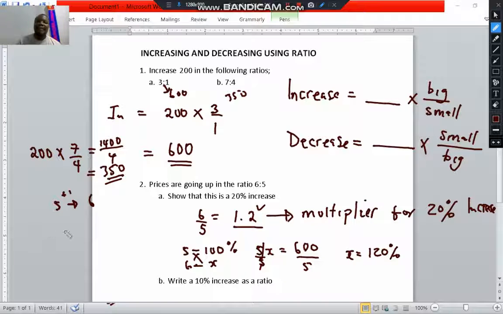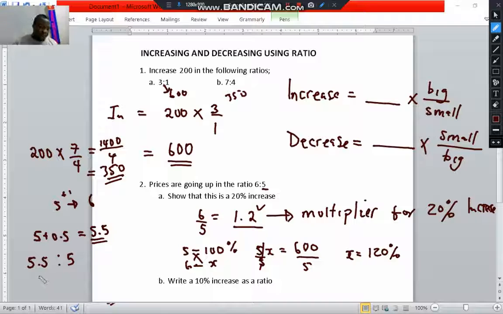So what we should have, if we are writing 10% as an increase, is 5 plus 0.5, to give us 5.5. This is the ratio that is going to give us a 10% increase. Written as a ratio with respect to the given quantity, this is going to be 5.5 to 5.